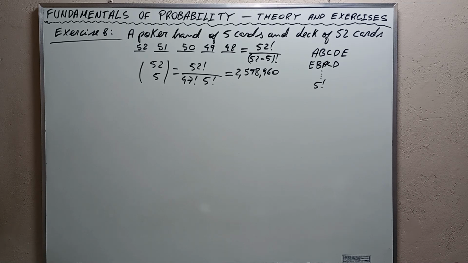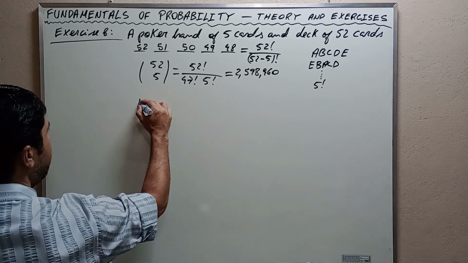To determine the number of outcomes that are straight, let us first determine the number of possible outcomes for which an example of a straight happens regardless of suit. For example, let's work with this example of straight.